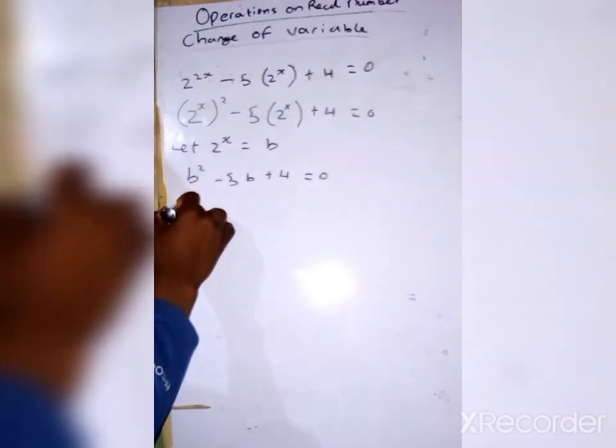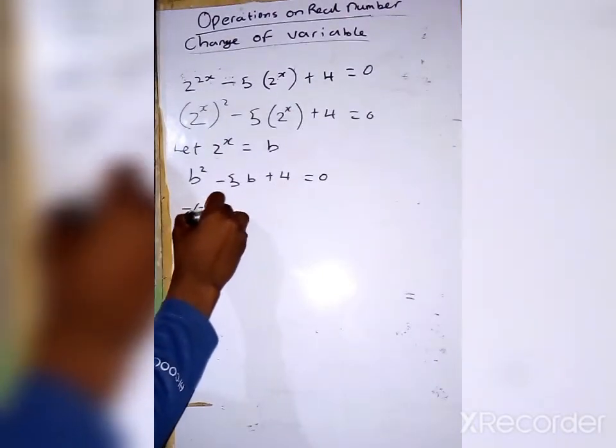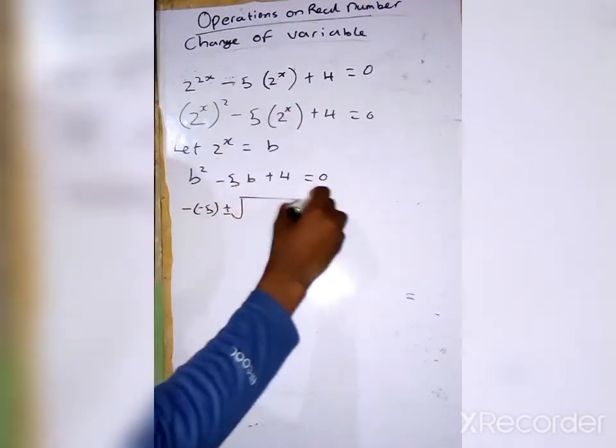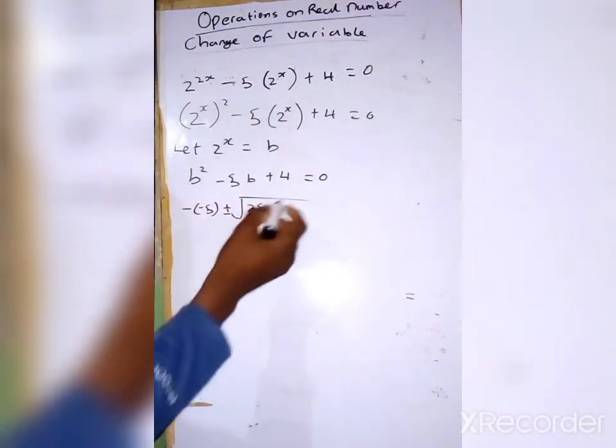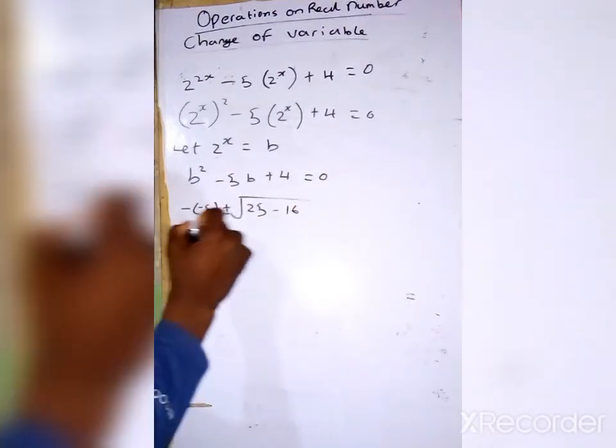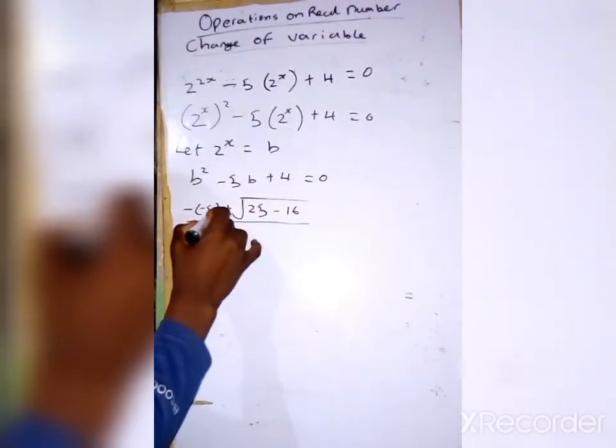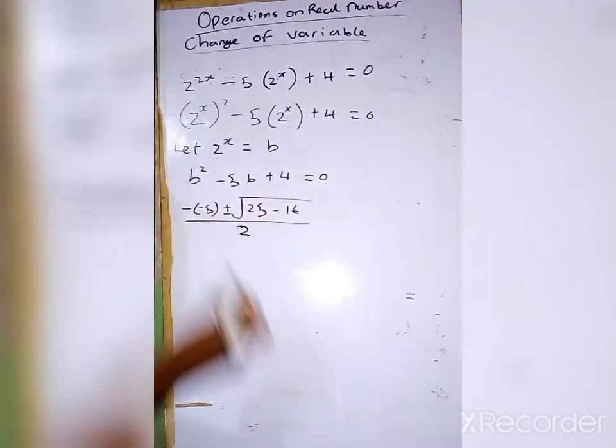So b equals minus minus 5 plus or minus the square root of b squared, that's 25, minus 4 times 1 times 4, that's minus 16, all over 2a, that's 2.